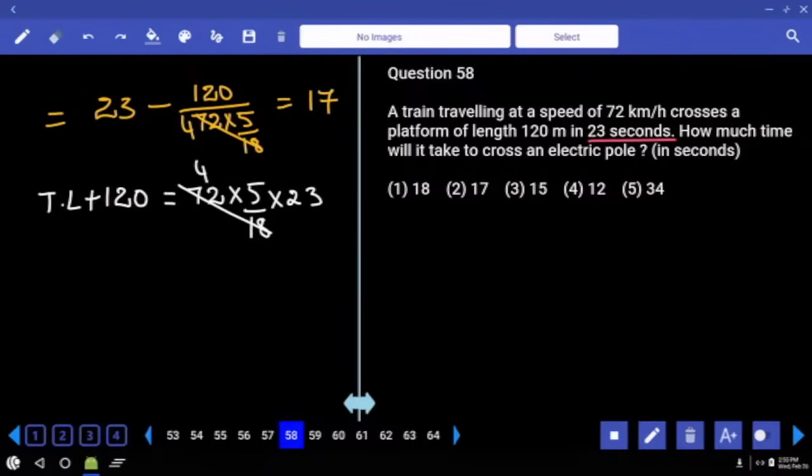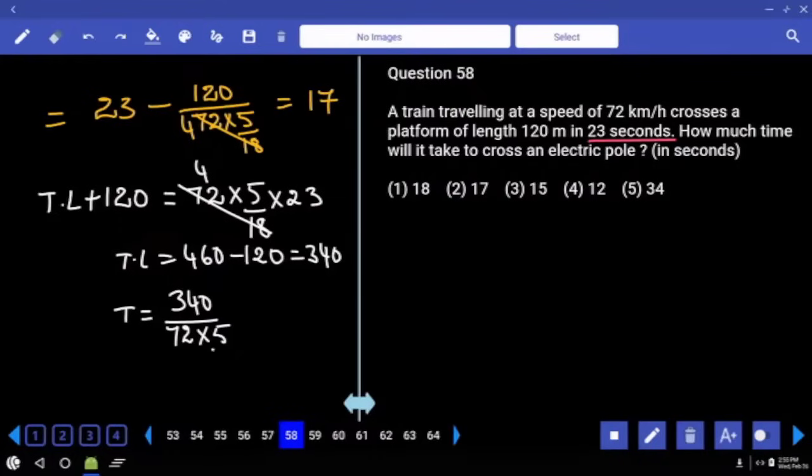This is 4 times. 4 into 5, 20. 23 times is 460. Then train length is equal to 460 minus 120, that is equal to 340. Now we have to calculate the time to cross an electric pole. Distance will be 340, which is train length, divided by speed, 72 into 5 by 18. 18, 4 times. 340 by 20, 17. This much time it takes to answer the question.